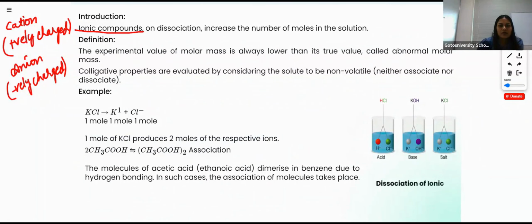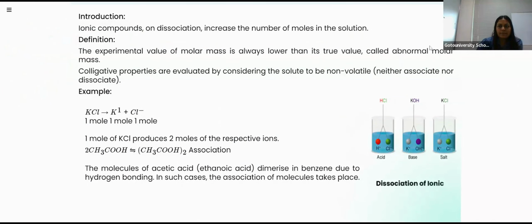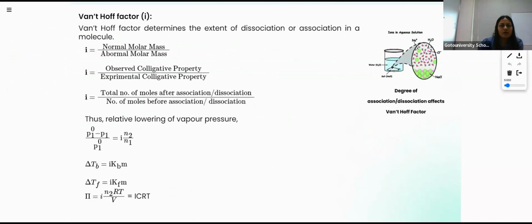How do we calculate this abnormal mass? By van 't Hoff factor, which is very important. The van 't Hoff factor is given by the scientist van 't Hoff. It is denoted by small i.